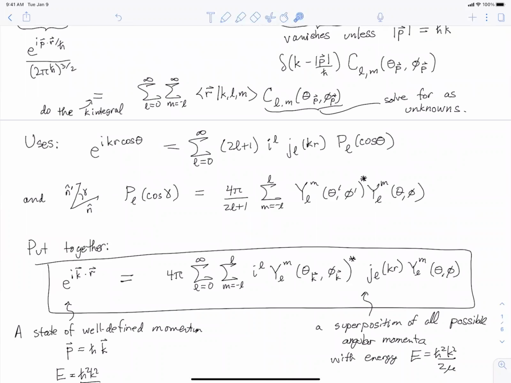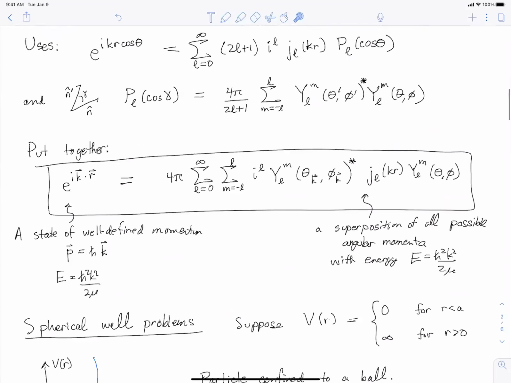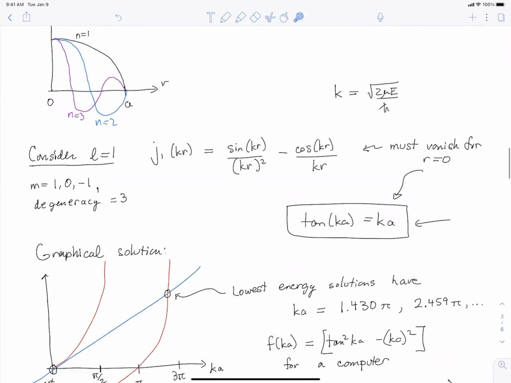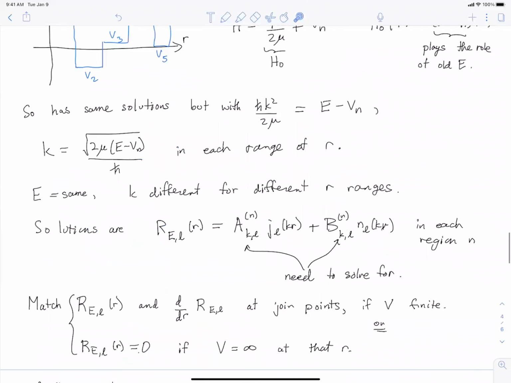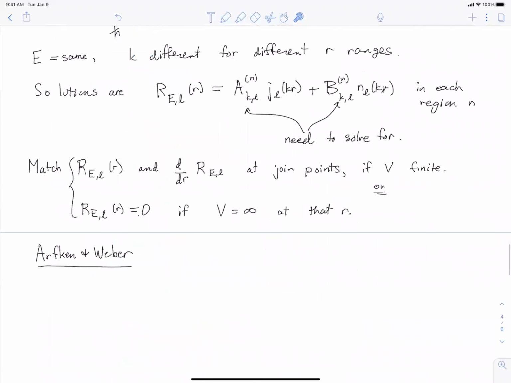These are two mathematical facts that you can prove, and it's kind of tedious to go ahead and prove them, but these are done in books like the Arfken and Weber book. So would you recommend that, or is it not necessary? I would probably say it's not necessary.